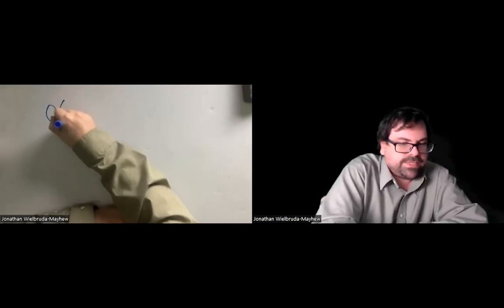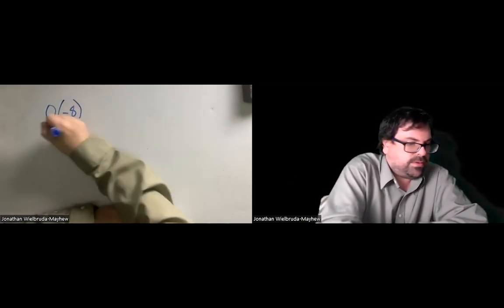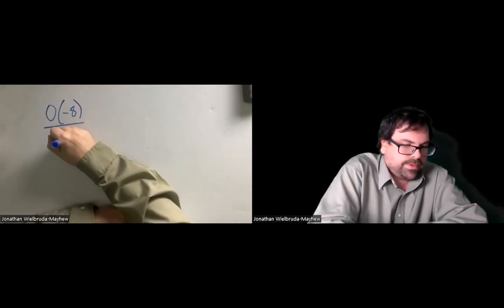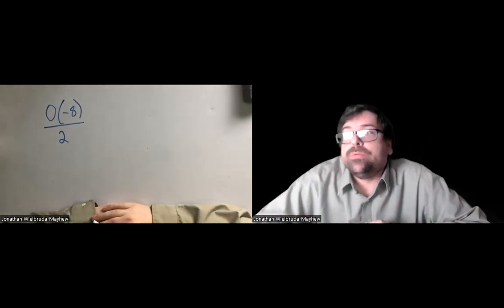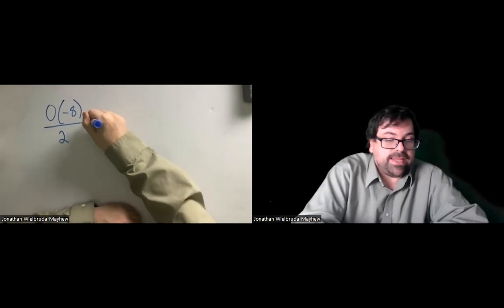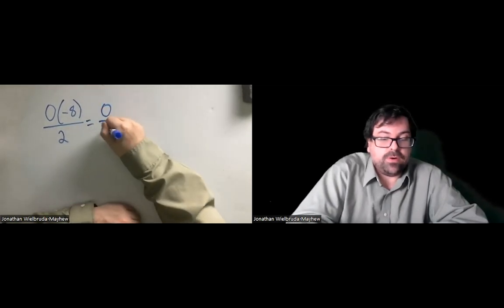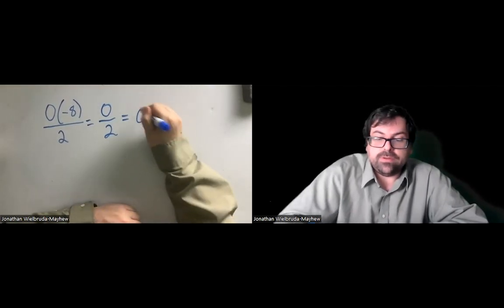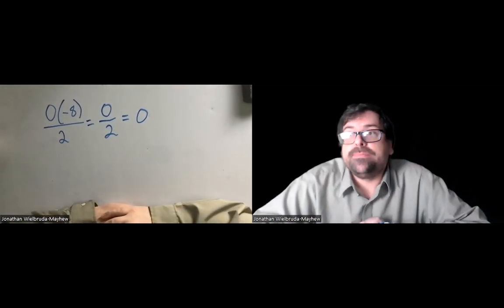So what if we have 0 times negative 8, all divided by 2? Well, 0 times anything is 0. So this is 0 over 2, which is allowed. That one's 0.